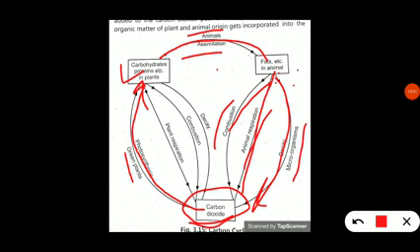Now when this carbon is present in the form of carbohydrates and proteins in the plants, there are another three ways. First is plant respiration. Through this respiration, carbon dioxide is released and mixed into the carbon cycle.